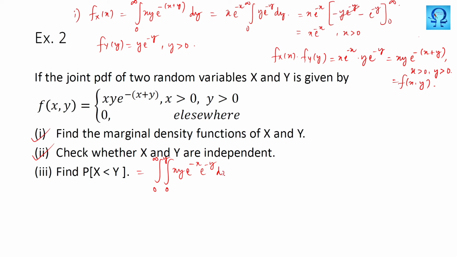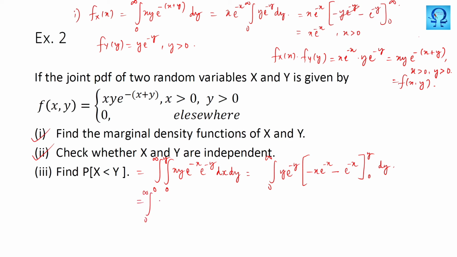Now here you can take this y outside, since we are going to integrate with respect to x. Okay, and now integral 0 to y, so this is going to be minus x e to the power minus x minus e to the power minus x, and this is from 0 to y, and finally we are going to integrate it with respect to y.